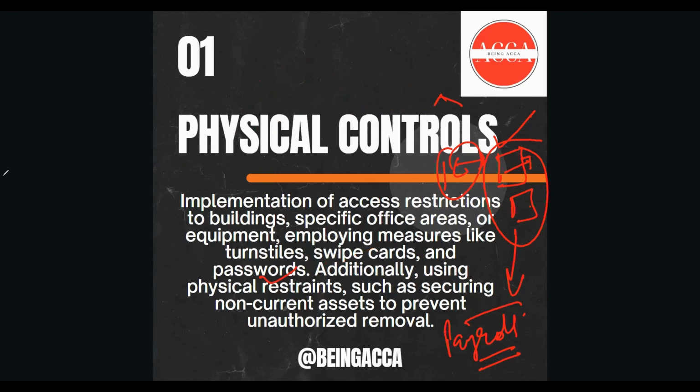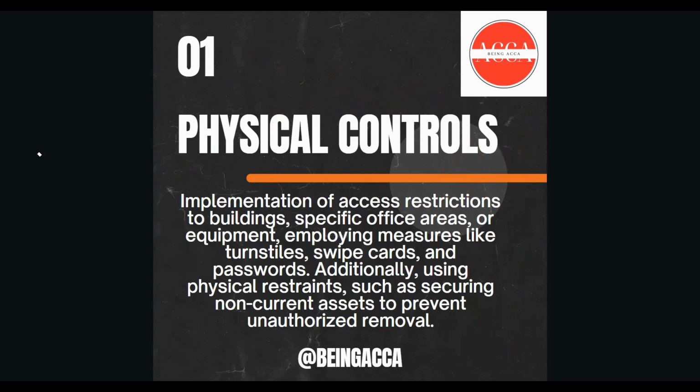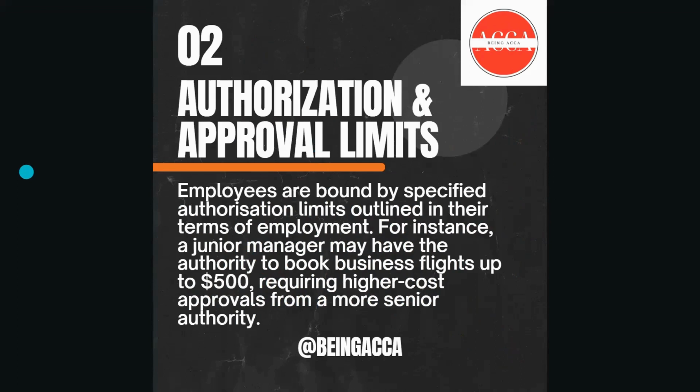Let's move forward with the next type of common internal control which organizations usually have: authorization and approval limits. Let's take the same example.